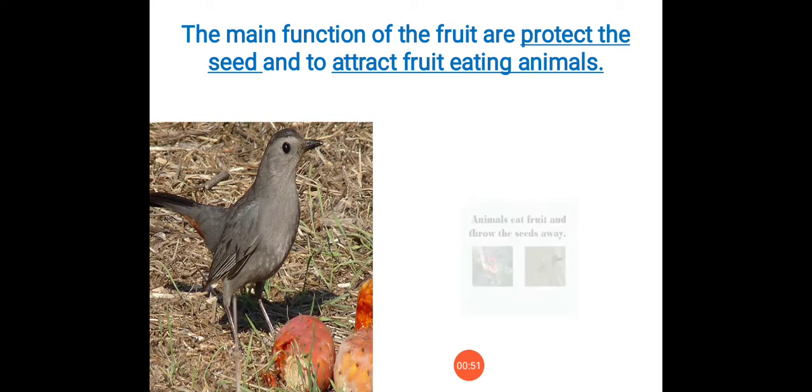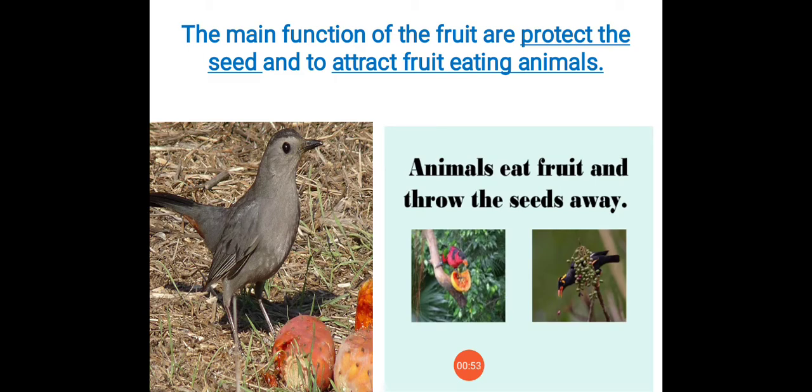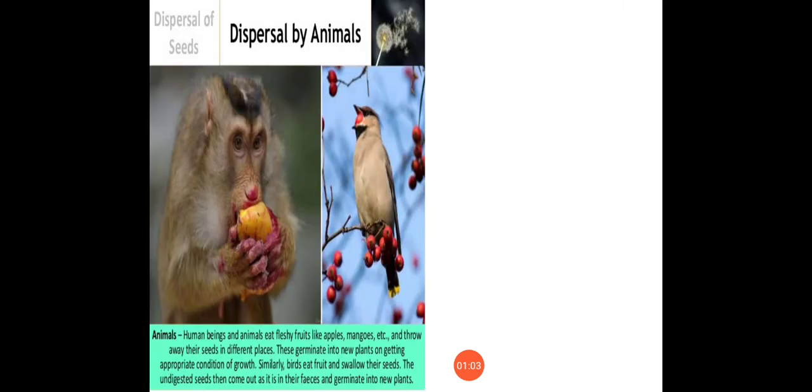The main functions of the fruit are to protect the seed and to attract fruit-eating animals. The animals eat the fruit and throw away the seed or pass them out with stool. This helps to disperse or scatter seeds.